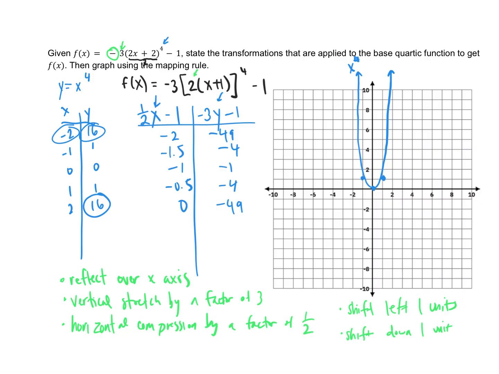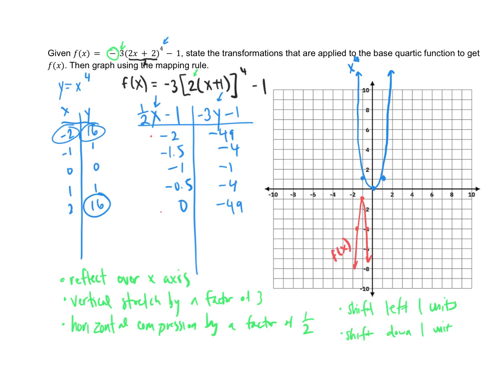Now, the first and the last one, unfortunately, are off the page, so can't do that. Negative 1.5 with negative 4, negative 1 with negative 1, negative 0.5 with negative 4. And there we are. There's our transformed function.